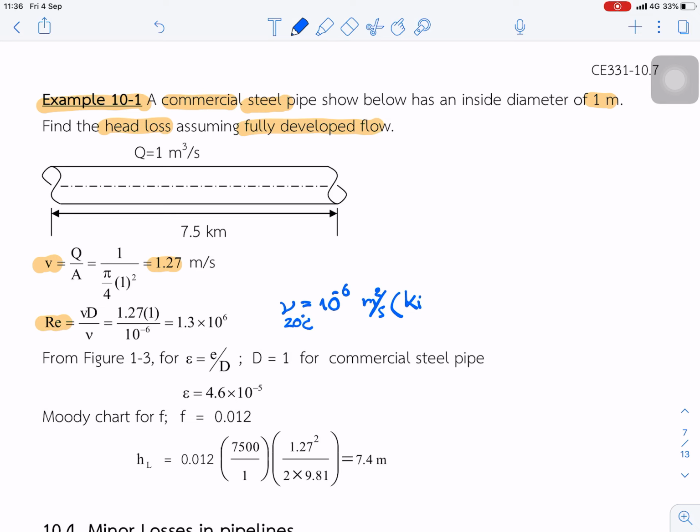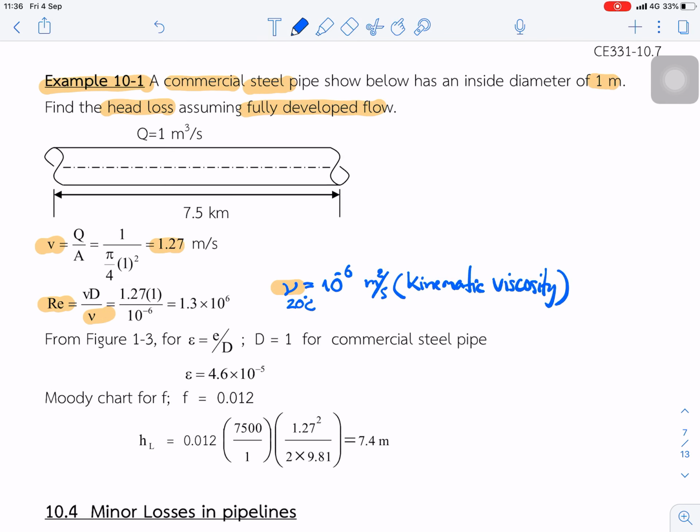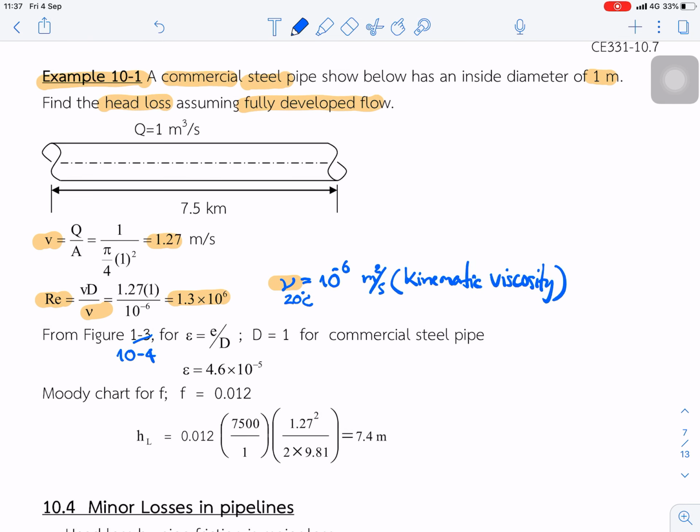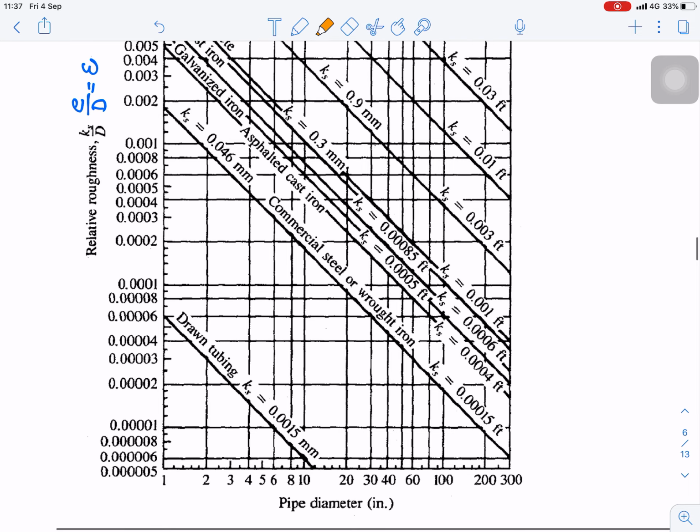This is the kinematic viscosity. So we can estimate the Reynolds number is equal to 1.3 times 10 to the power 6. And next, from the Moody diagram equation 10-4, for the commercial steel pipe we can estimate the relative roughness from the chart above. This is commercial steel pipe.